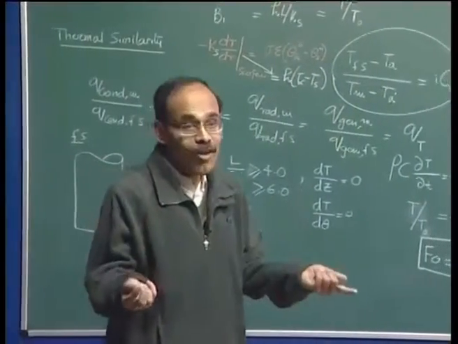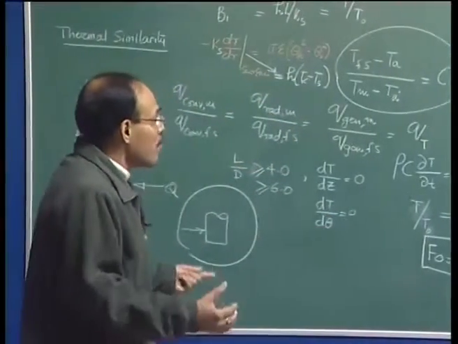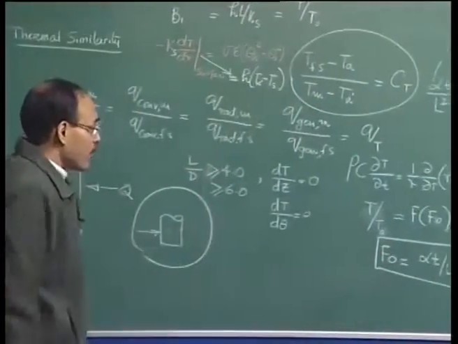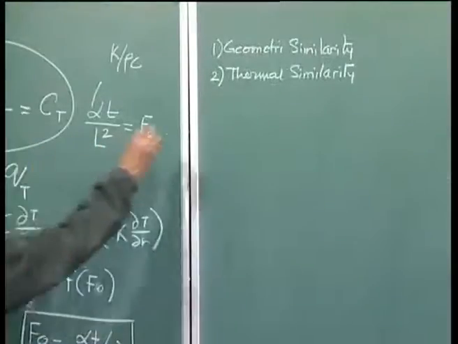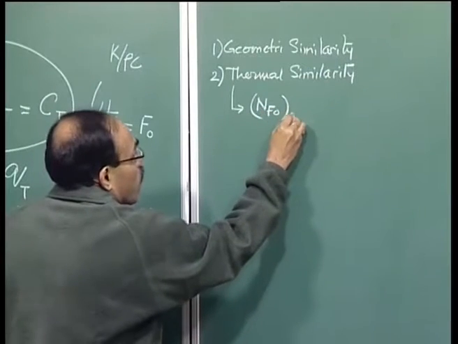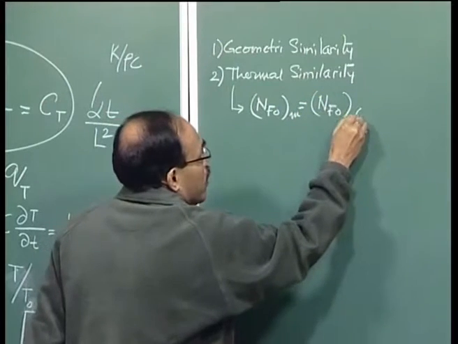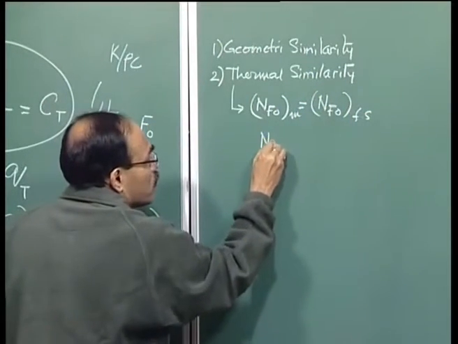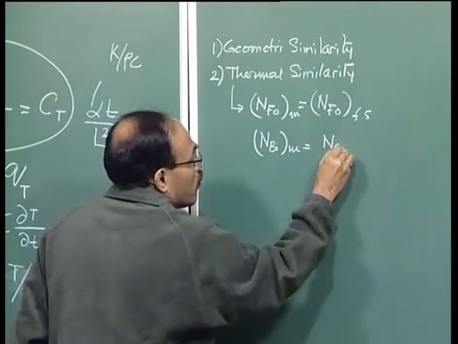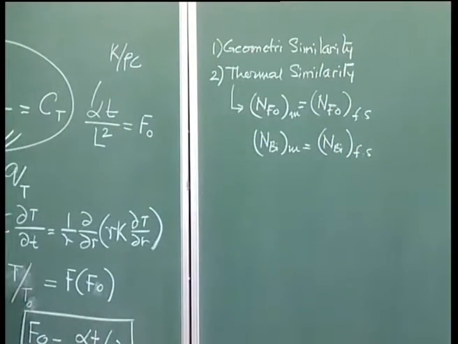Therefore, there is no question of any fluid movement, so dynamic similarity does not come into the picture. The geometric and thermal similarity will entirely govern the problem, and I have shown you that if N Fourier model is equal to N Fourier full scale and N Biot model is equal to N Biot full scale, in that case this particular condition is going to be maintained in the two.